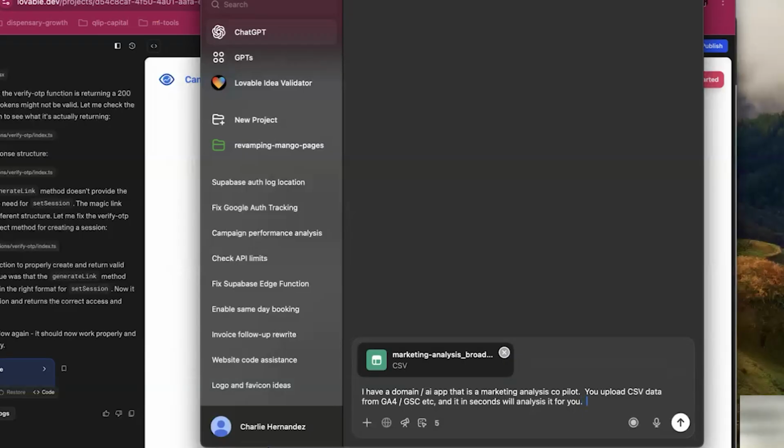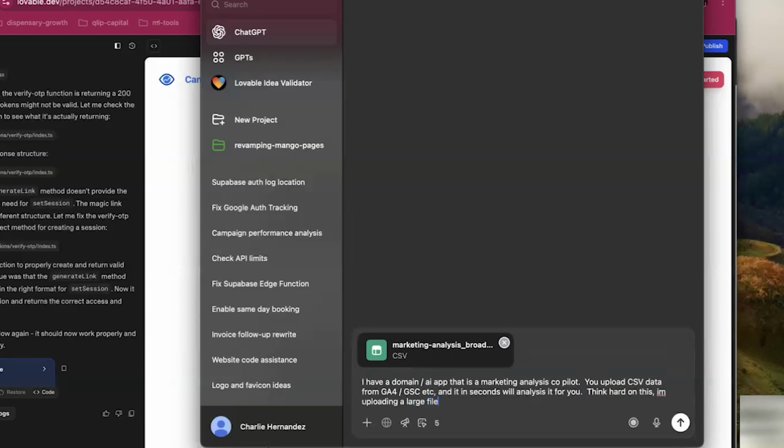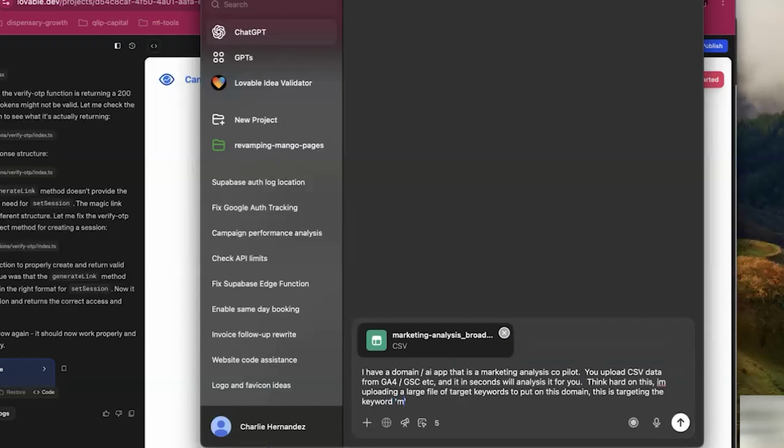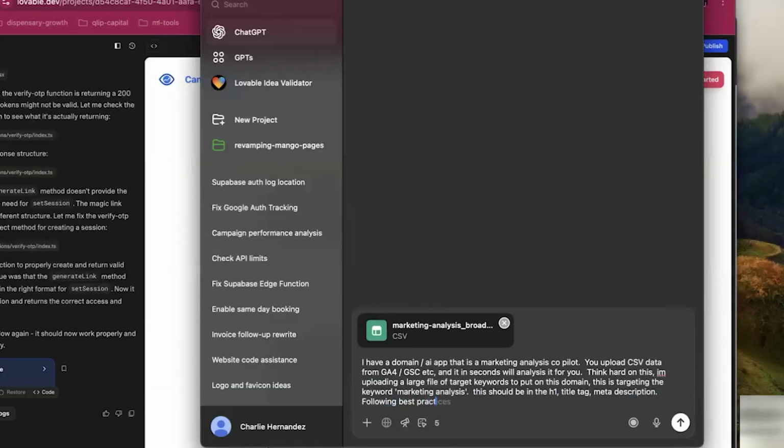So for context, think hard on this. I'm uploading a large file of target keywords to put on this domain. This is targeting the keyword, what was it? Marketing analysis. This should be in the H1, title tag, meta description, following best practices of SEO, and then your expertise of UX and all that will come into play here as well.